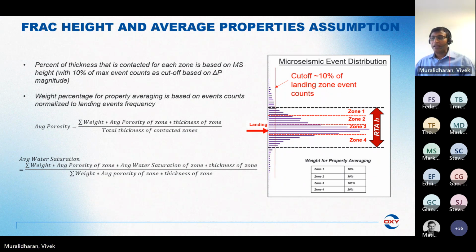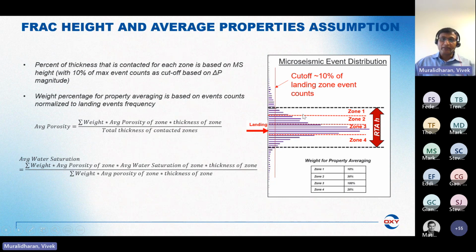Anytime you have inconsistency in your fracture height, you're going to have trouble understanding your multi-stack optimization. It worked really well because we have so many diagnostics that match this height.